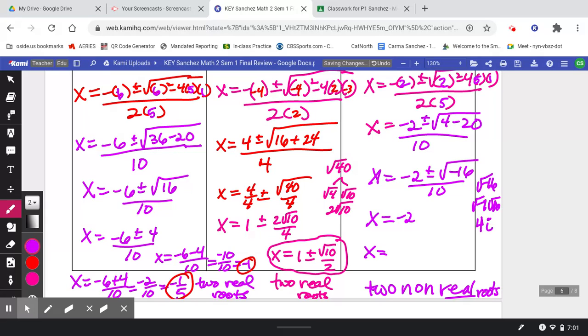So negative 2 plus or minus 4i over 10 can now be split up into 2 parts, as negative 2/10 plus or minus 4i over 10, or negative 1/5 plus or minus 2i over 5. Notice how that fully reduced down at the very end.